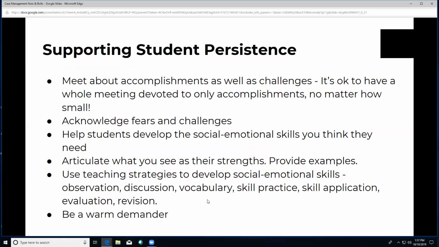More on supporting student persistence. One thing that's really important is that students be able to see their accomplishments. And because the road before them is so long, sometimes it's very hard for them to feel like they're making accomplishments. One thing that is very useful is to meet with them about it and to say, oh, I notice you are doing this great thing.